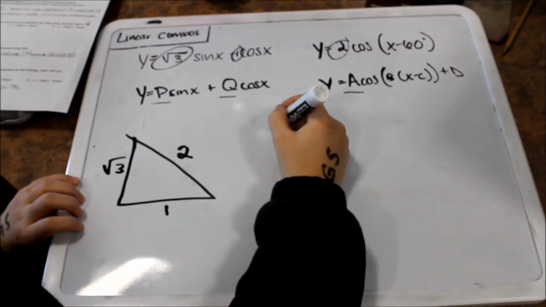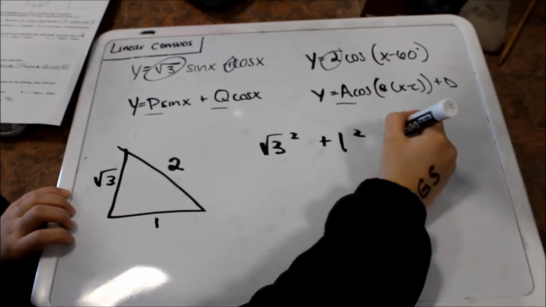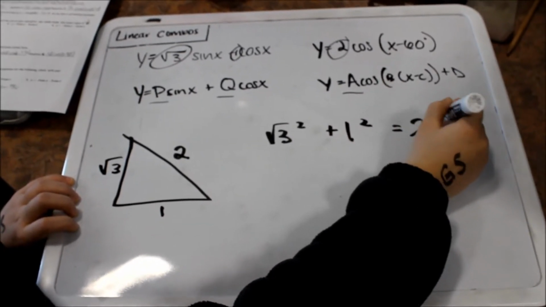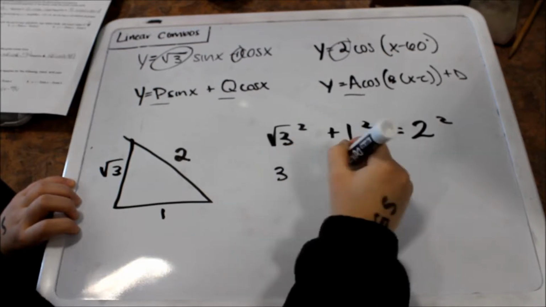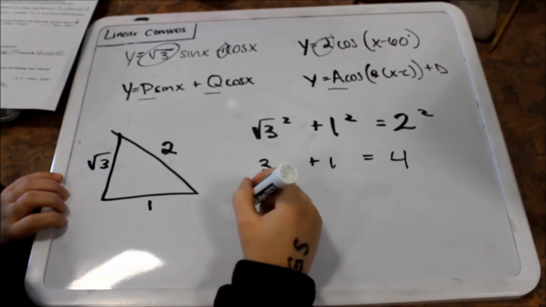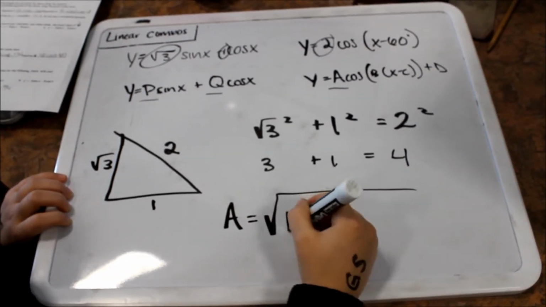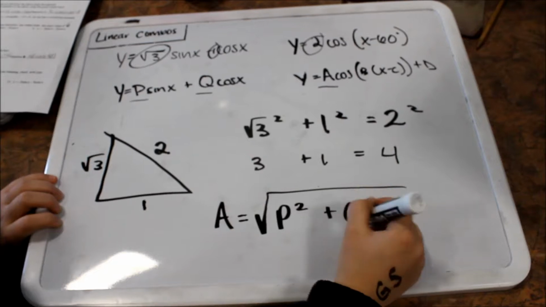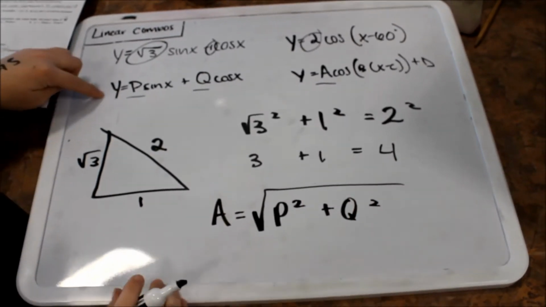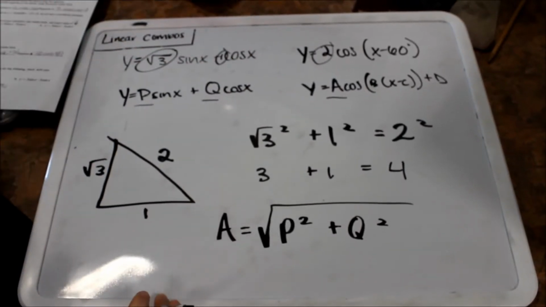For example, square root of 3 squared plus 1 squared is equal to 2 squared. So 3 plus 1 is equal to 4, which is the Pythagorean theorem. So we know that A is equal to the square root of P squared plus Q squared using these two general equations.